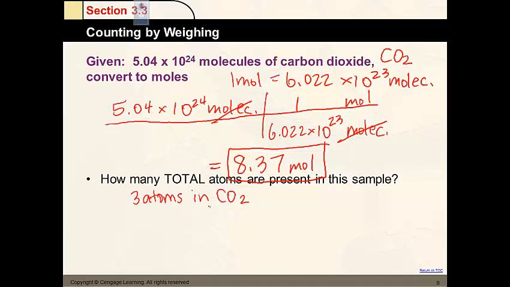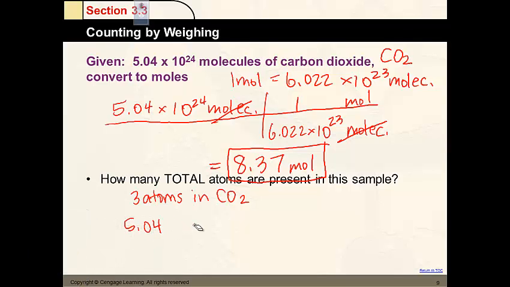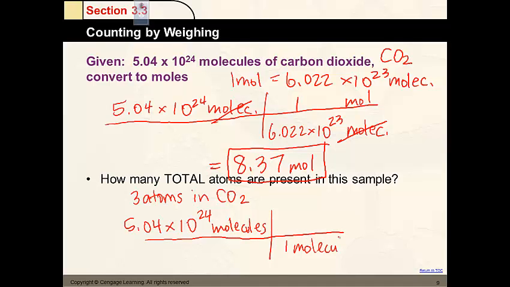So that would mean that if I have 5.04 times 10 to the 24th molecules, in 1 molecule are 3 atoms.